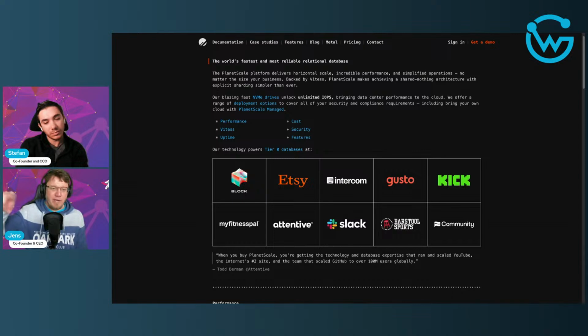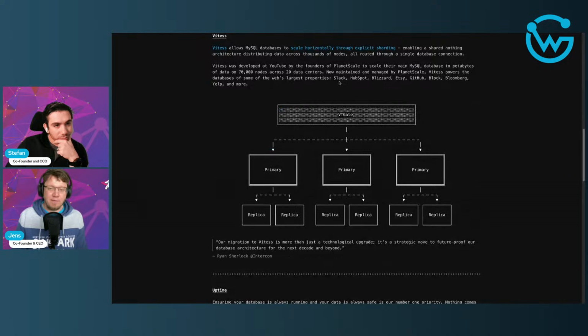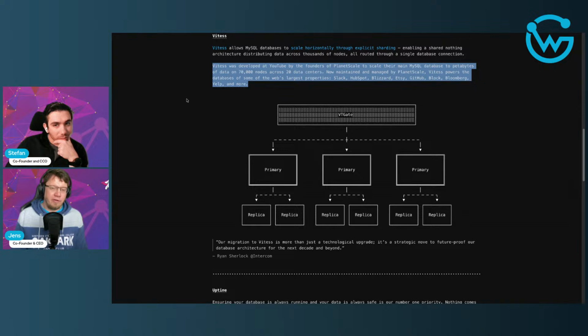So I think I would build a bigger hero, and I would say something like, everybody can now use the database that was able to sustain YouTube scale. What about this? Did you see the change page? So he has it on a separate one.